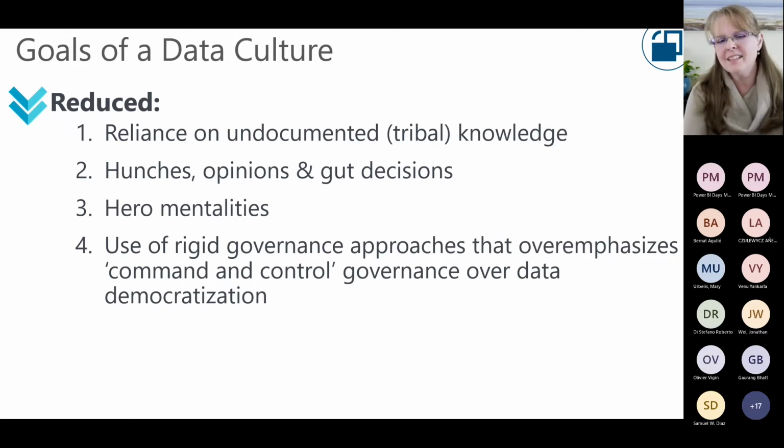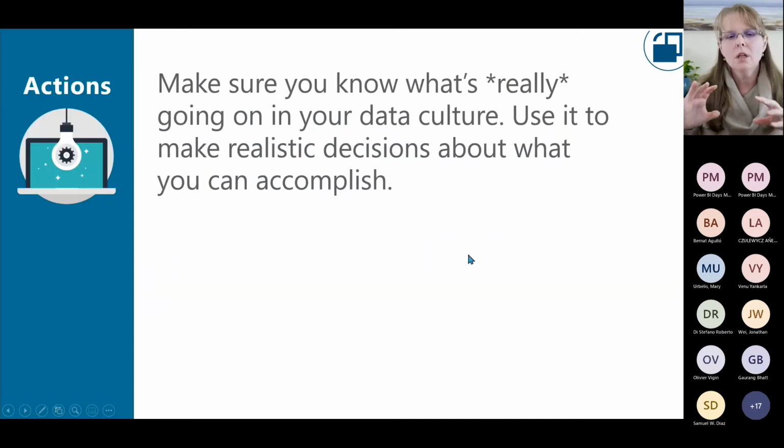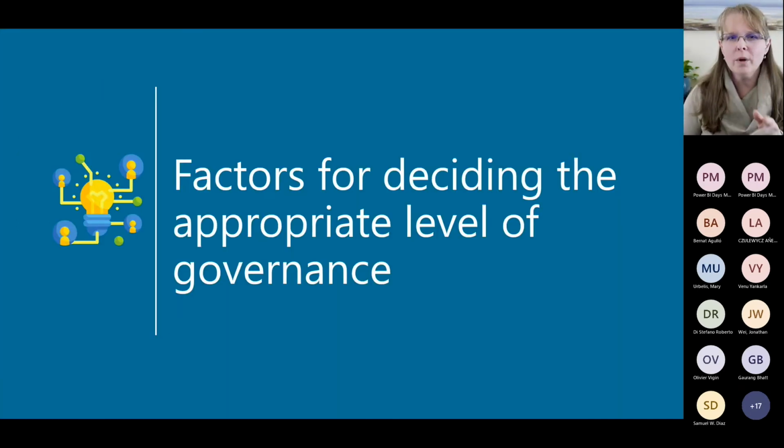And then finally, the whole reduced reliance on command and control. So this really is all about figuring out what's really going on. That might involve having some interviews with people, especially if you're trying to figure out what policies you need to roll out. You might need to figure out what's really going on, because that matters a lot for these 4 factors that I'm about to cover.